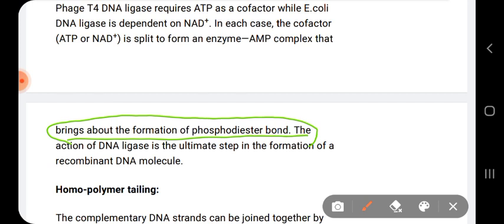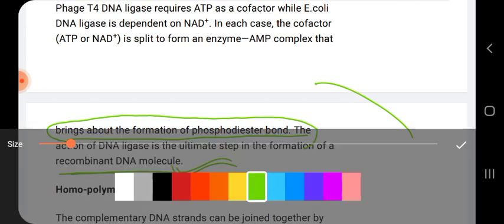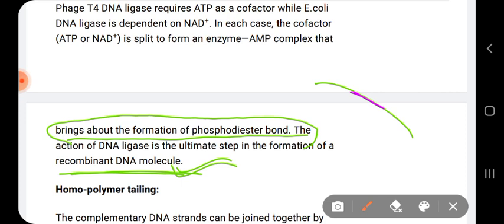The action of DNA ligase is the ultimate step in the formation of a recombinant DNA molecule. Without DNA ligase, you cannot join your desirable DNA to the vector. Okay, understood?